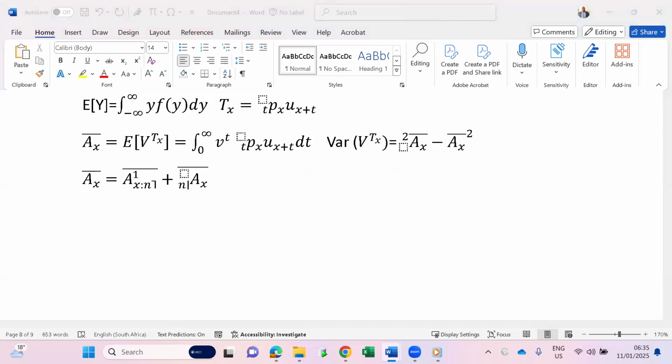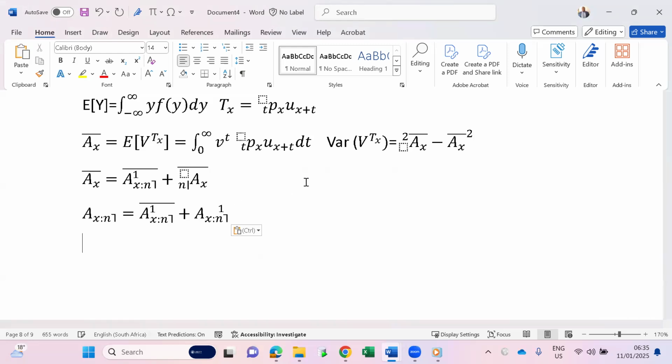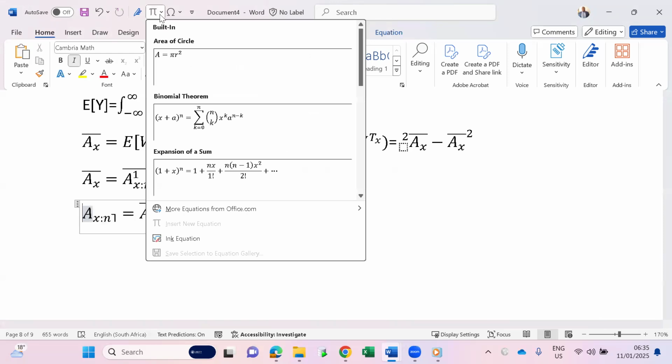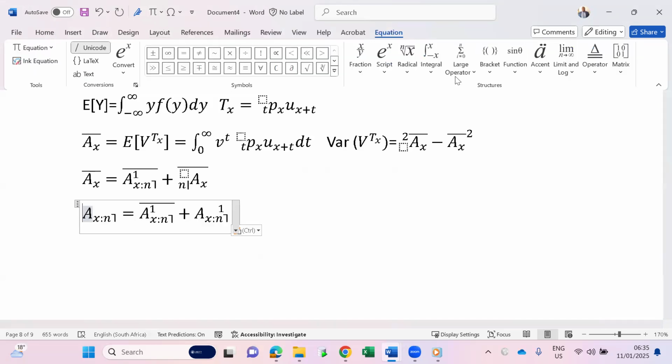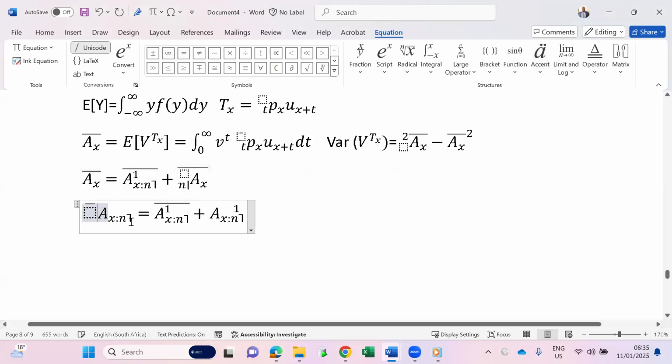Then the term assurance, in this case, the endowment, sorry. So that needs to have a bar. So let's do that. That's a bar. Take all of that.